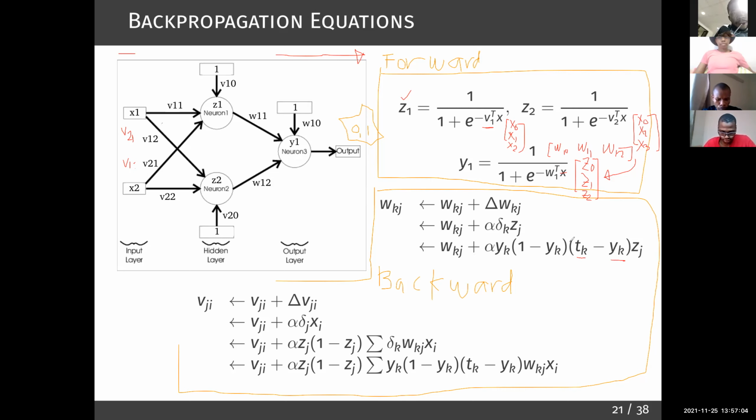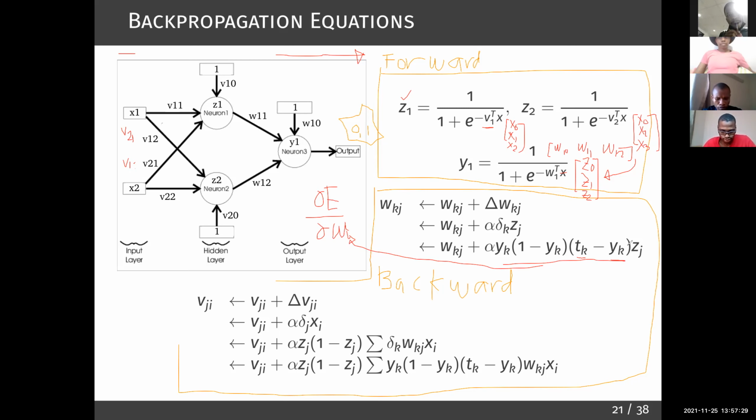Okay, remember, this is the essence of the gradient, the partial of the error with respect to the partial of the weights. So these equations here are equivalent to this one, so we don't need to worry about it. All we need to do now is substitute, because we dealt with this one already.